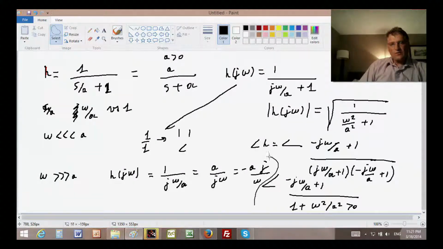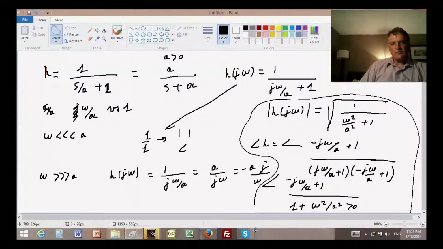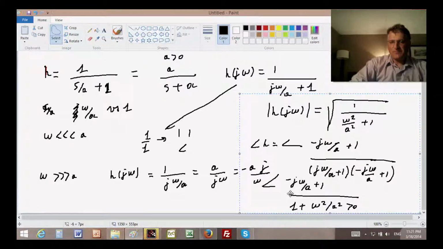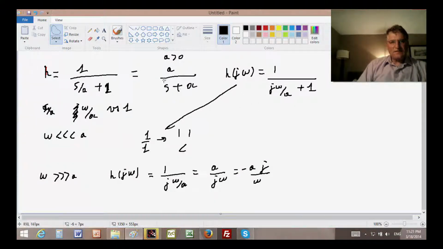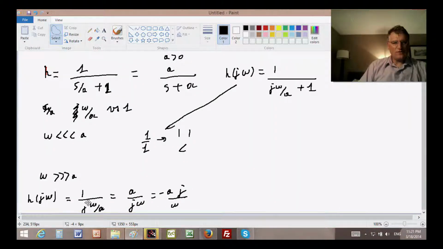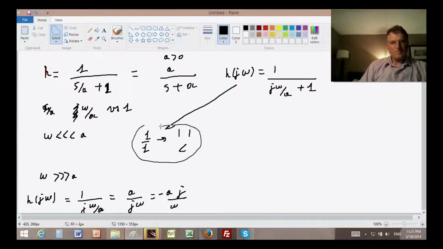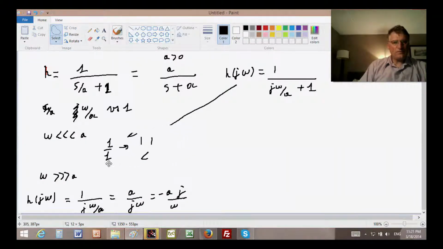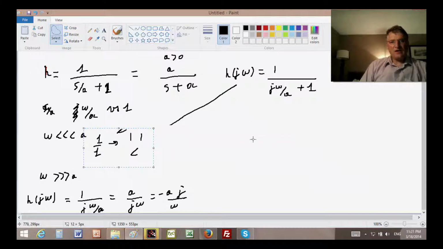Let me clean up this area here altogether, and I'm going to use it to make my Bode plots. Let me also move this out, because I think we could do that. Okay, make some room, and now we have room for a Bode plot.